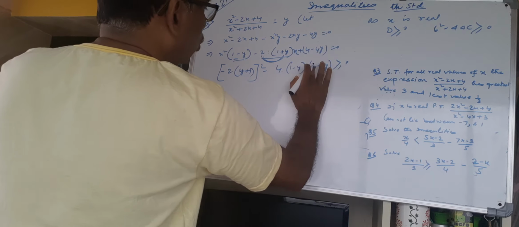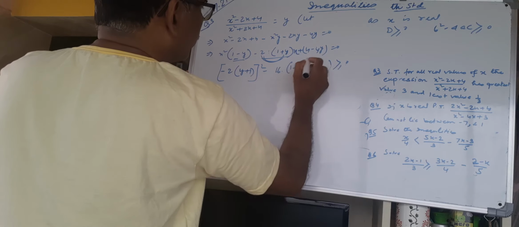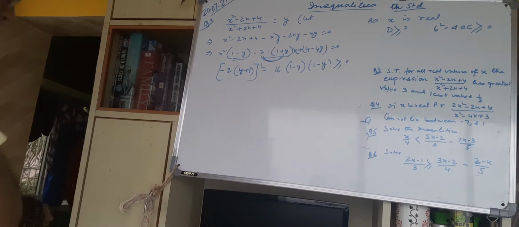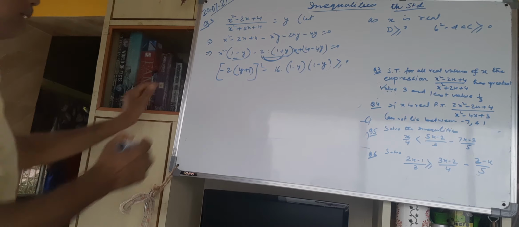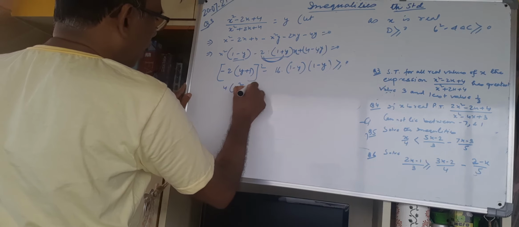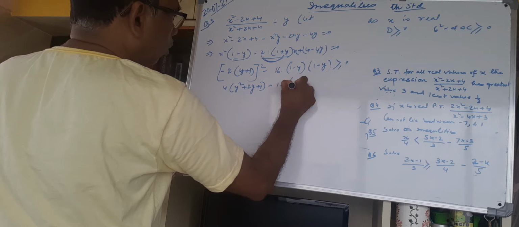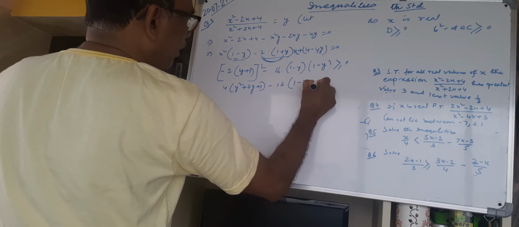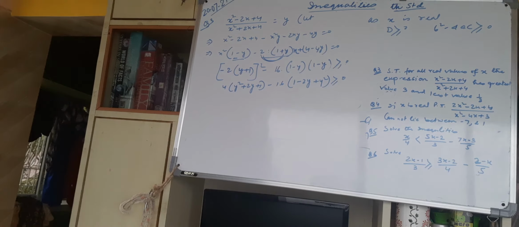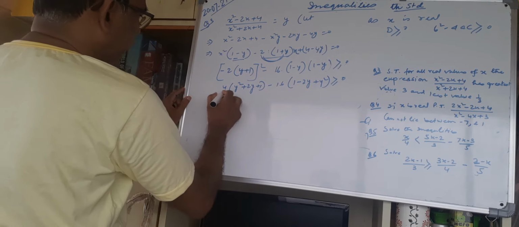Here discriminant should be greater than or equal to 0, that is 4 - 4y. We can take 4 common here, 4 times 4 is 16, 1 - y. 16(1 - y). That means 4(y² + 2y + 1) - 16(1 - 2y + y²) ≥ 0. Now divide 4 both sides.